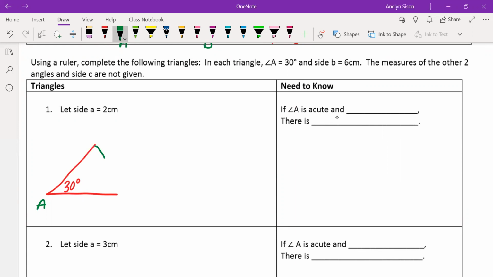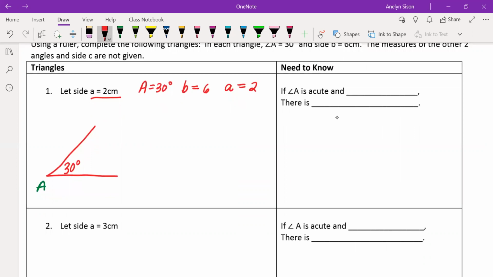So they said, here's the side given, it's 2. Side given here, the opposite. Right, so if you look at the top, in each triangle given there, we have angle A, that's 30 degrees. We have side B as 6, and we have side A given as 2, right?